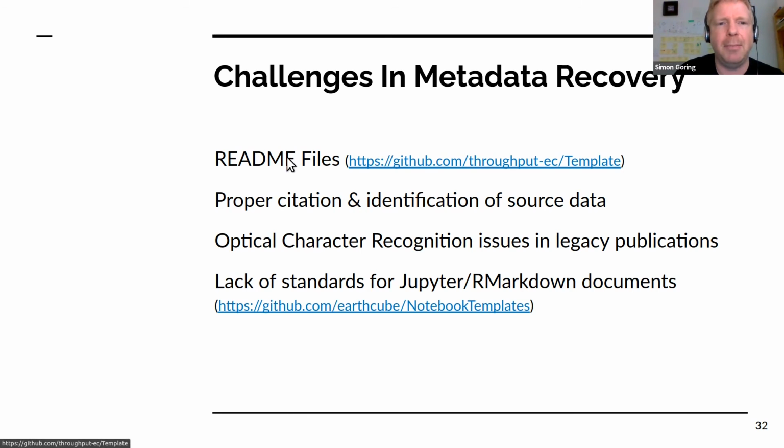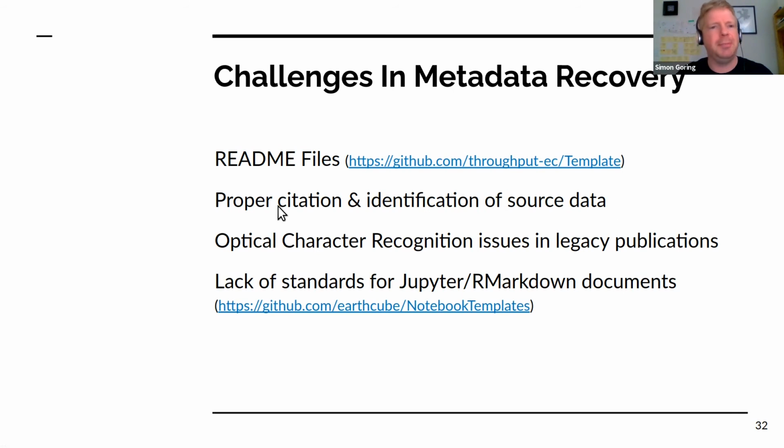But at the same time, we have encouraged people, at least within EarthCube, to start using some standard formatting within their README files for GitHub repositories. So badges that indicate the grants that are being funded, badges for individuals' ORCIDs, things like that, to have standard machine readable elements within these README files that can be discoverable.